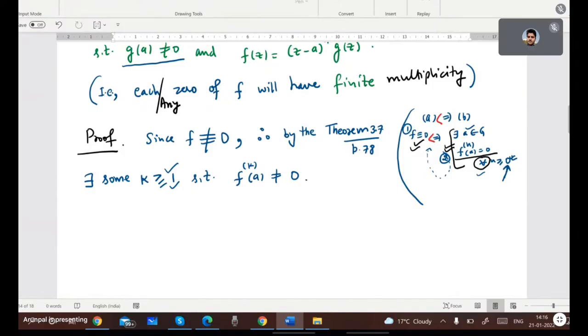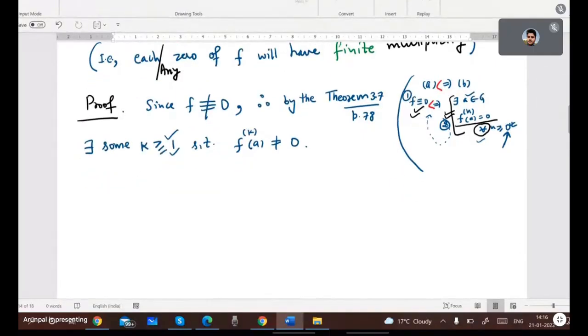So there exists some k. Now class, we are saying that there exists some k which is greater than or equal to 1 at which the derivative is non-zero. It is quite possible that the third derivative at a is non-zero, but the sixth derivative again becomes 0, then the eighth derivative becomes non-zero.